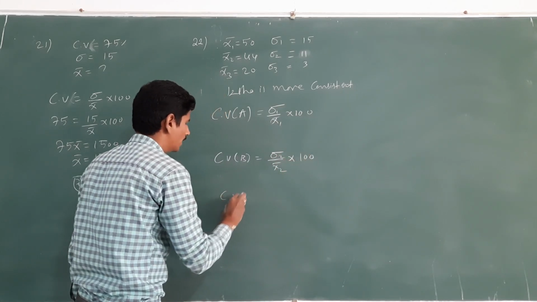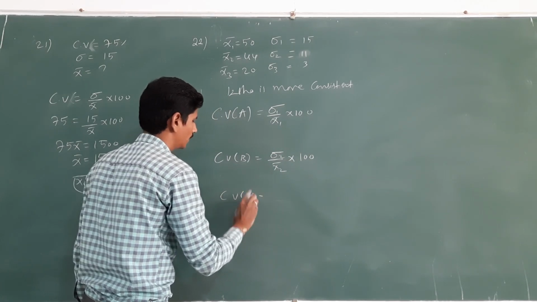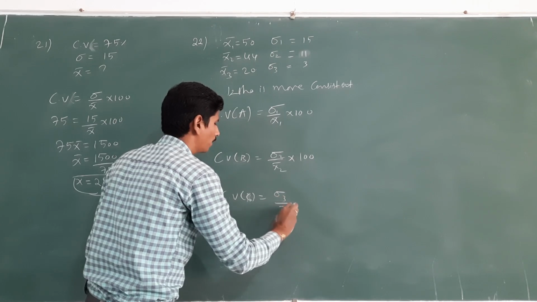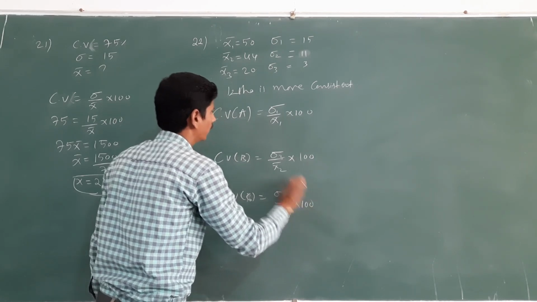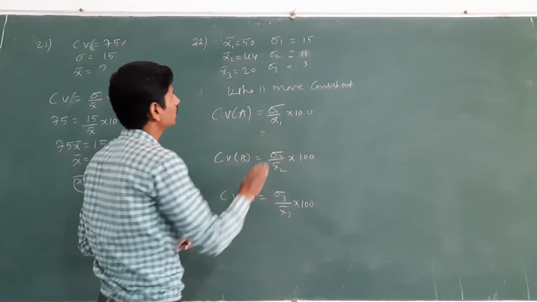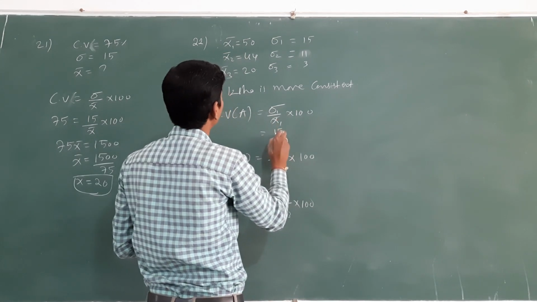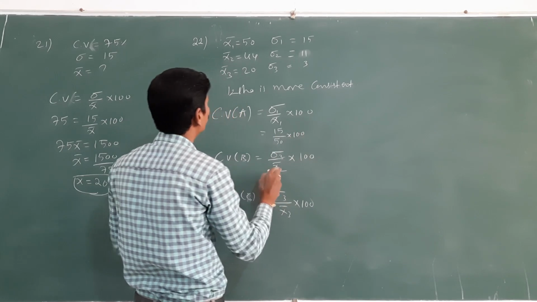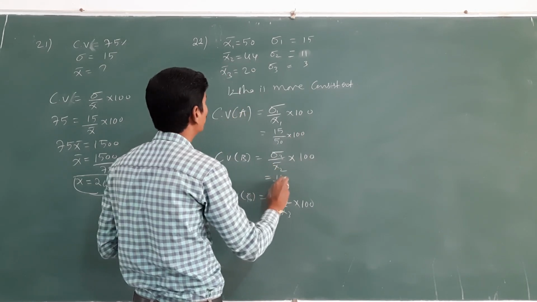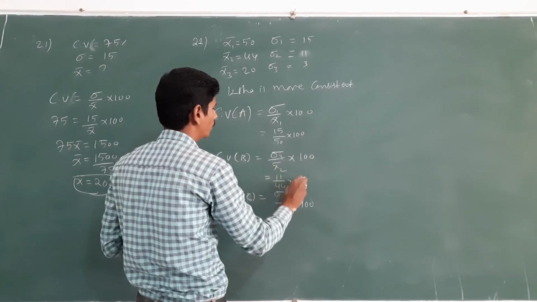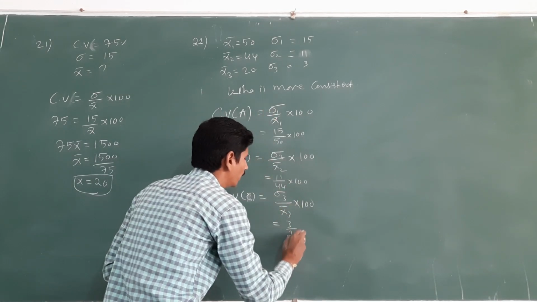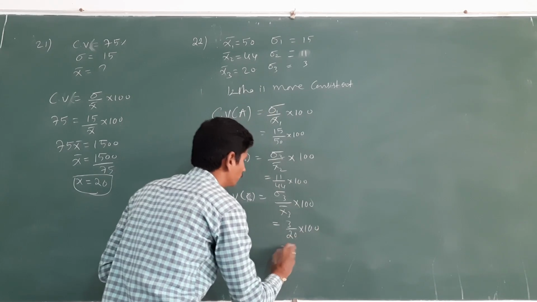Next, CV for C equals sigma 3 by x3 bar into 100. Here sigma 1 is 15 divided by 50 into 100, sigma 2 is 11 divided by 44 into 100, and sigma 3 is 3 divided by 20 into 100.